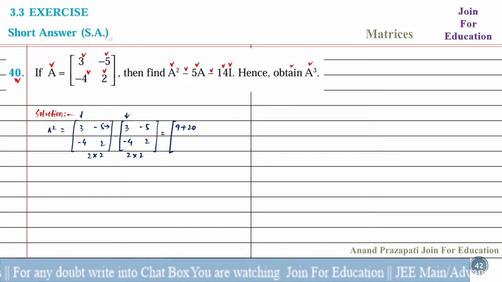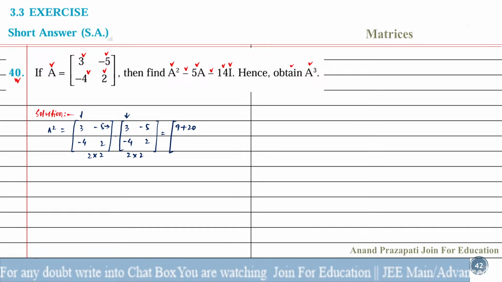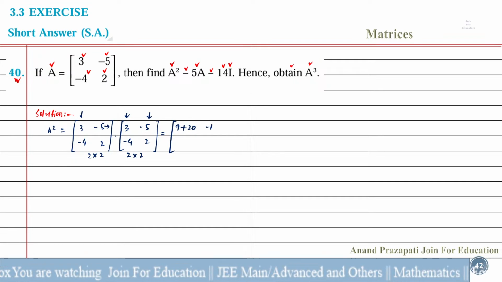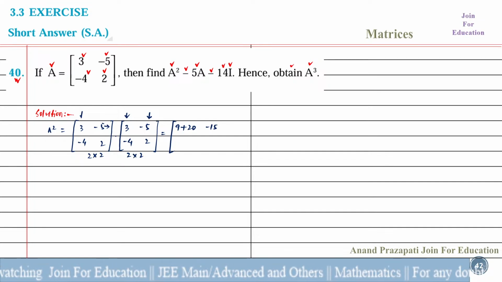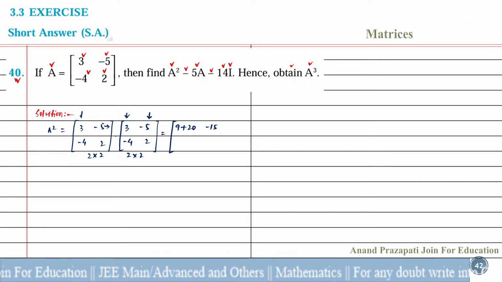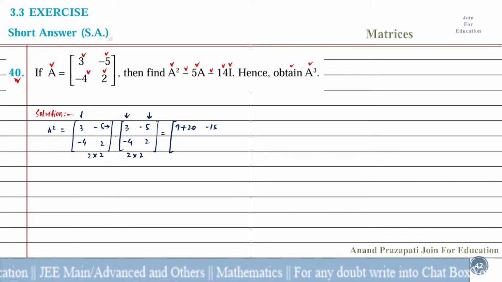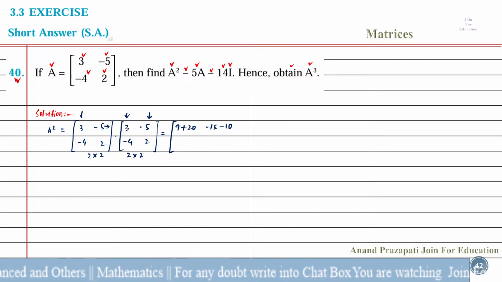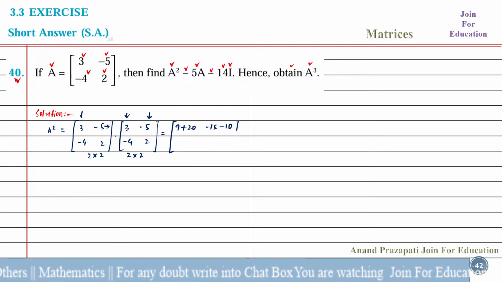First row along second column: 3 times minus 5 equal to minus 15, and minus 5 into 2 equal to minus 10. So we write down here minus 10. Observe there is no problem to understand up to this step.